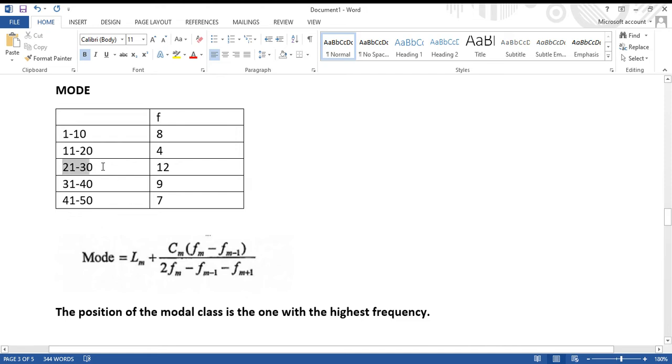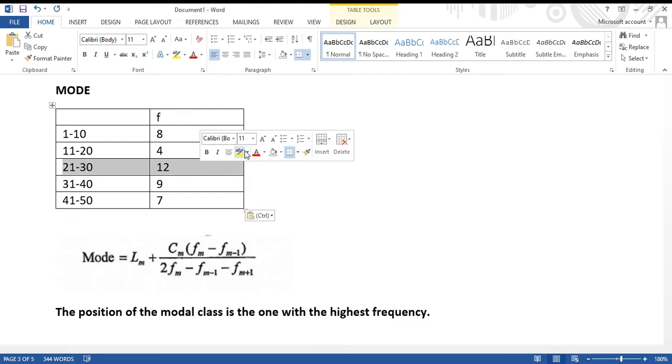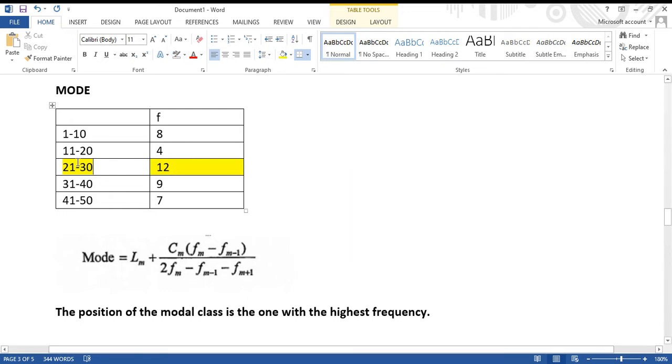We can see the class with the highest frequency is this class. It has a frequency of 12, the highest. So that is our modal class.